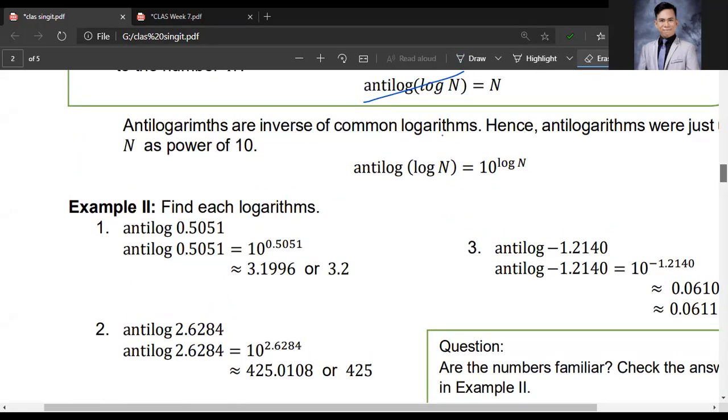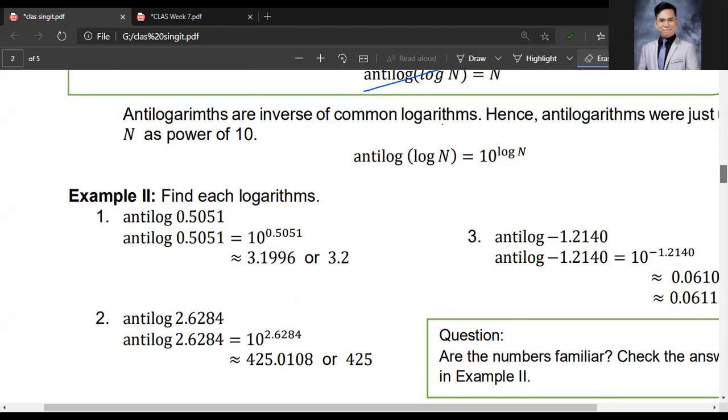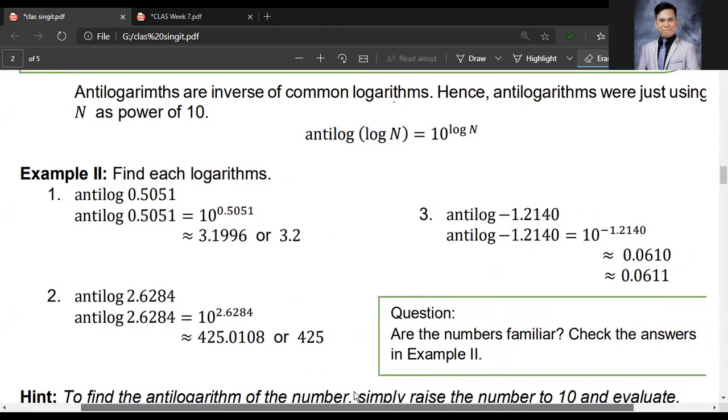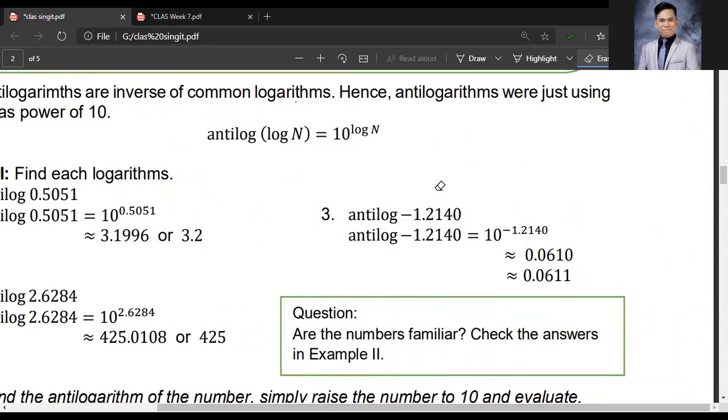Even just by calculator, that would be 425.0108 or 4.25. How about number 3? 10 raised to negative 1.2140 would be 0.06109 or 0.0611.